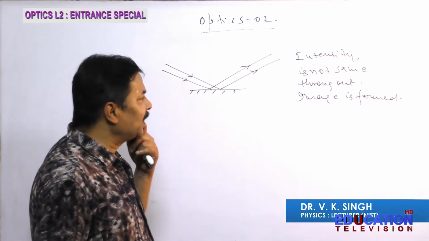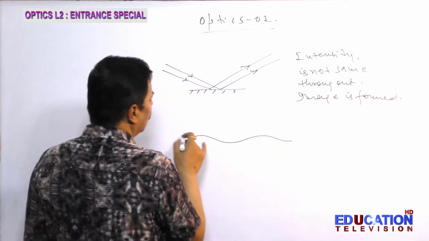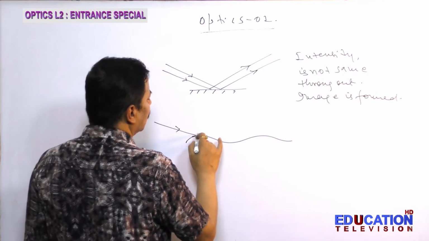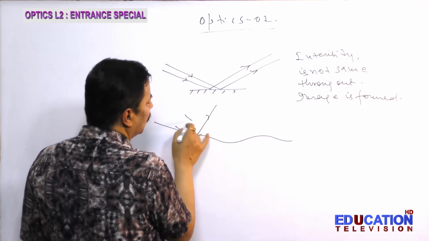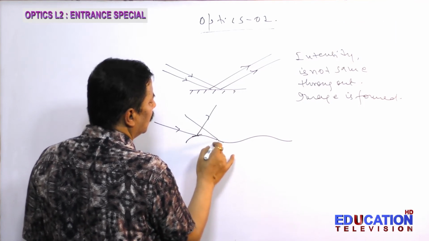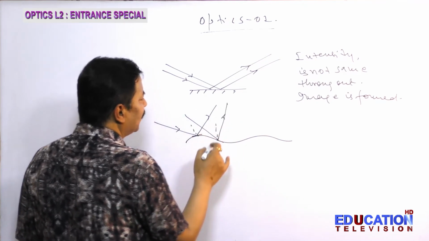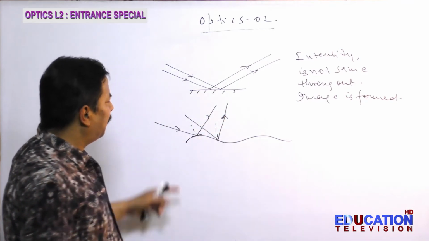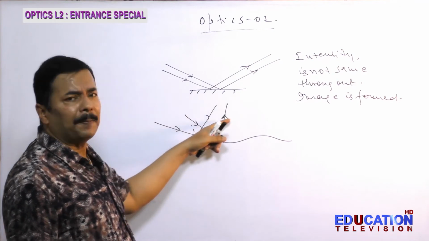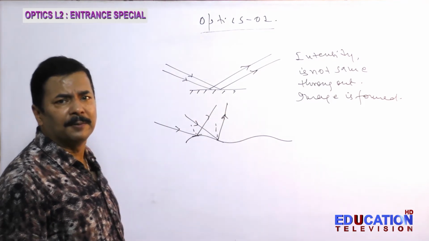Whereas in diffuse reflection, the pattern of the incoming ray, the incident ray, is not the pattern of the reflected ray. So you will see that the intensity will be there everywhere.